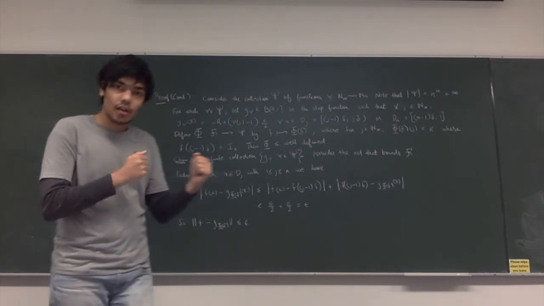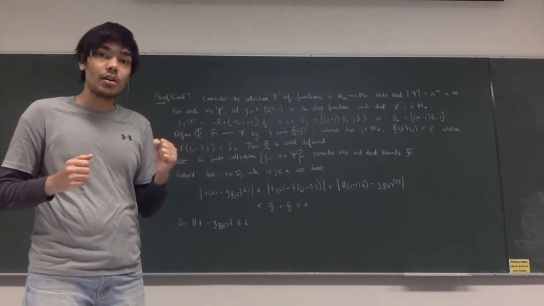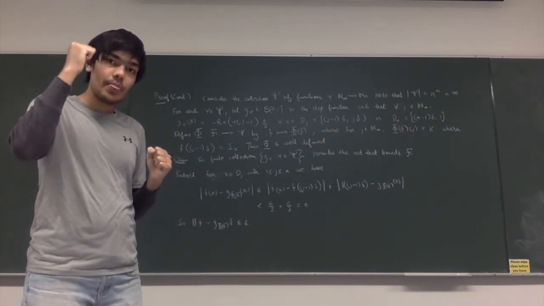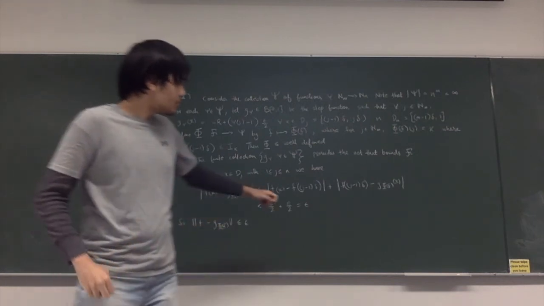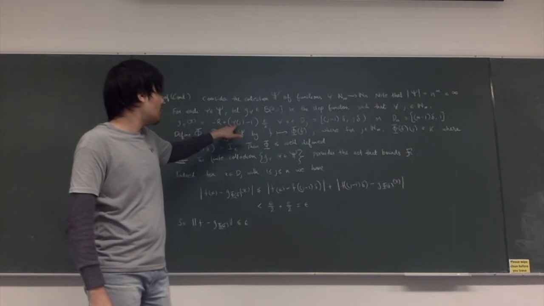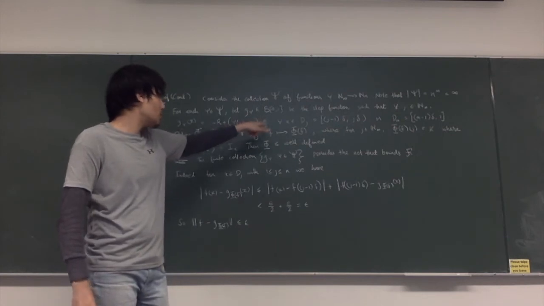Because they're in the same interval D_j, they must also get mapped to the same interval in the codomain, which is minus r plus Φ(f) applied to (j minus 1) epsilon upon 2.